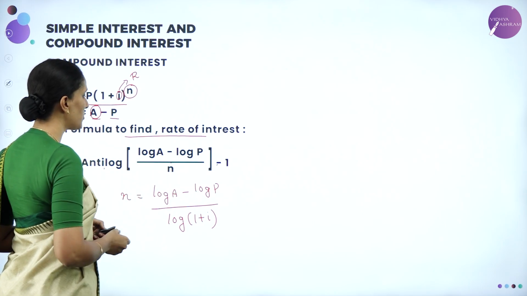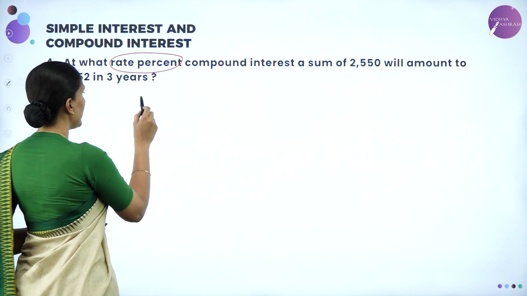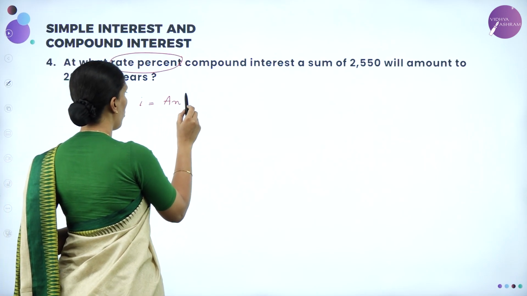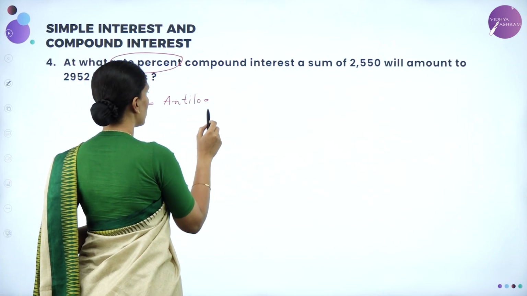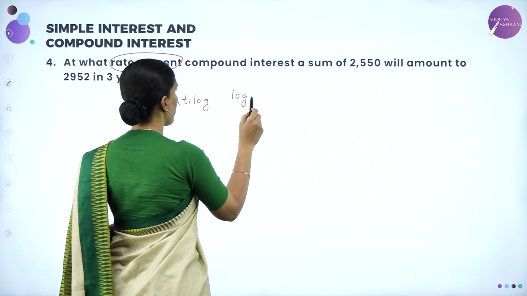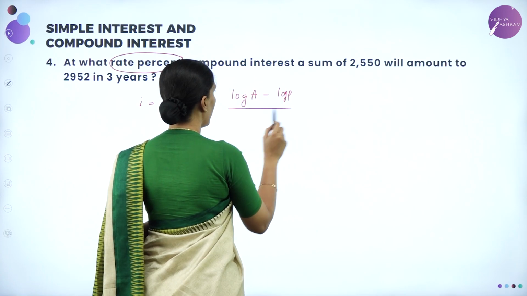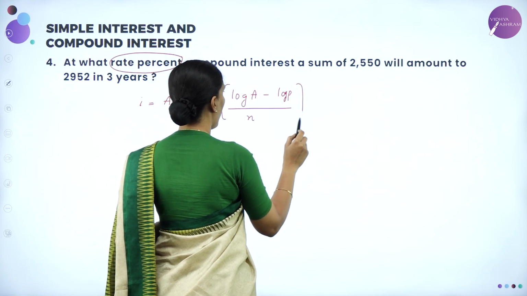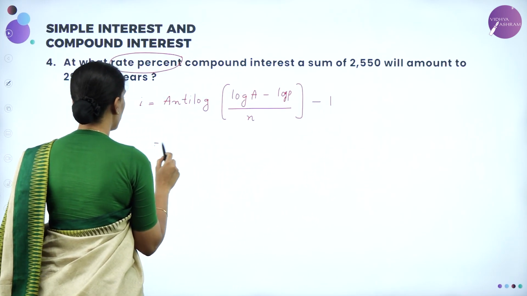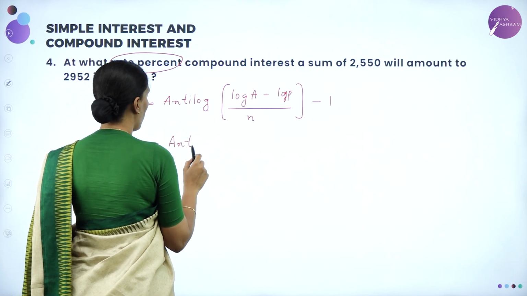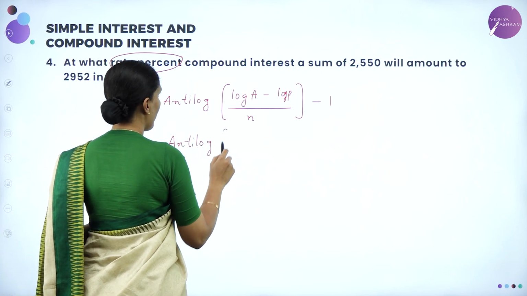So we can directly substitute in the formula. So I is equal to anti-log of log A minus log P divided by n minus 1. So therefore this is equal to anti-log of, so what is the value of an amount?